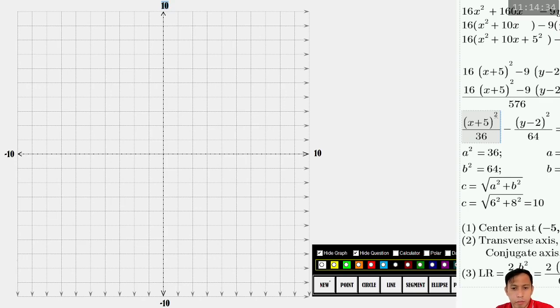Change by, sorry, 15, 15, 20, 30 lahat. 30, 10, 40 lahat. 20, 20. Ito ba? I'm gonna try this. Hyperbola, negative 5 and 2, and A is 6, B is 8, and walang X.